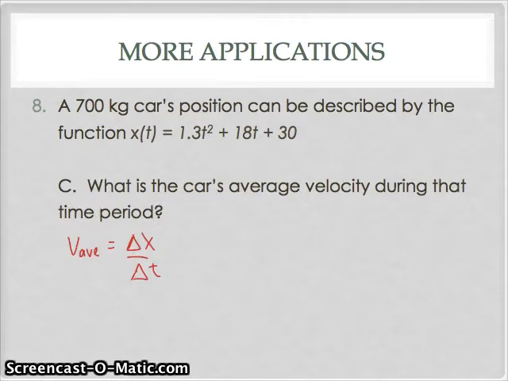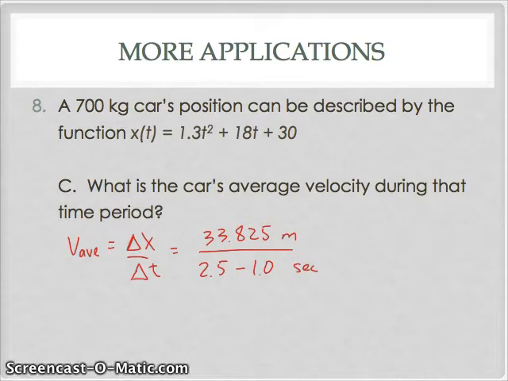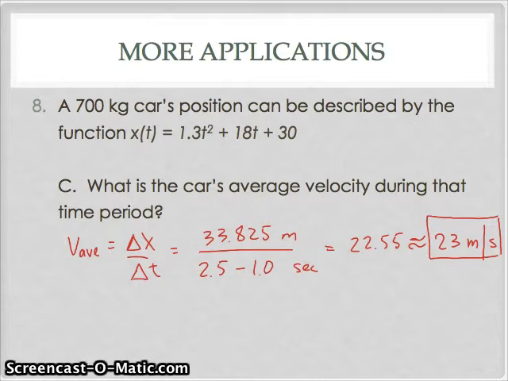The average velocity would be delta x over delta t. And so we could use that delta x from before. We'll use the more accurate version, not the rounded version in this step. And then our delta t would be 1.5 seconds. That's how long this movement required. So about 23 meters per second over the course of that time interval.